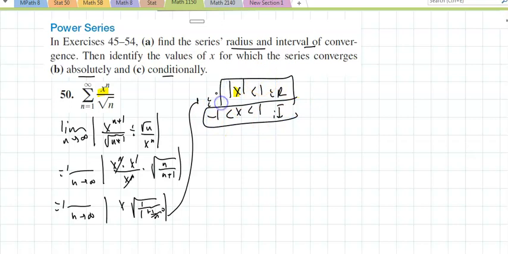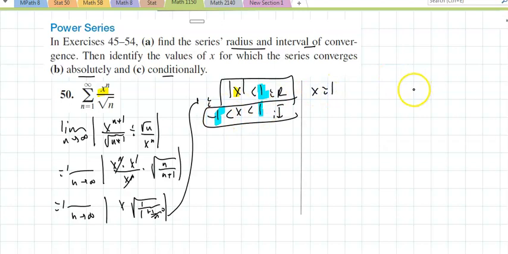Now, since we didn't, this is not geometric. If it was geometric, I would have been done here because it will be absolutely convergent. But since we use the ratio test, we have to check at x, at r equal, or the limit equaling 1.